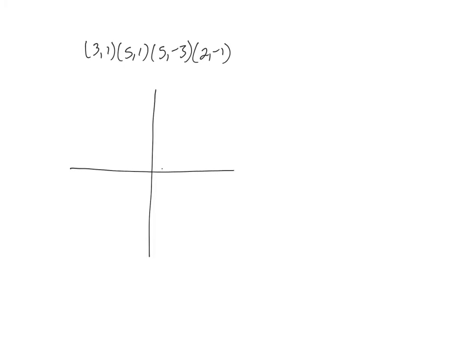3, 1, 5, 1, 5, negative 3, and 2, negative 1. So 3, 1, 5, 1, 5, negative 3, and 2, negative 1.